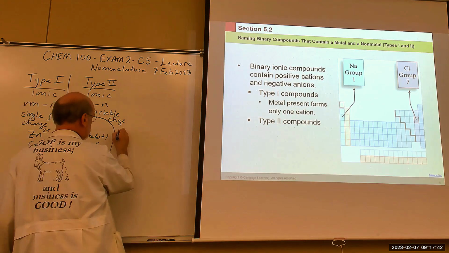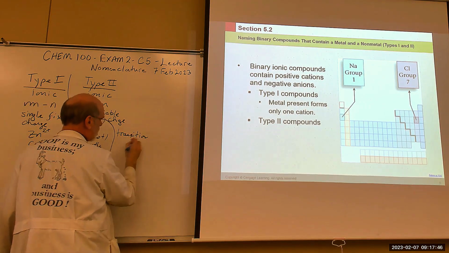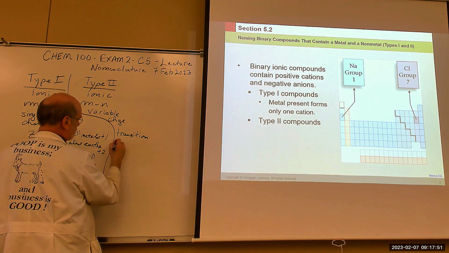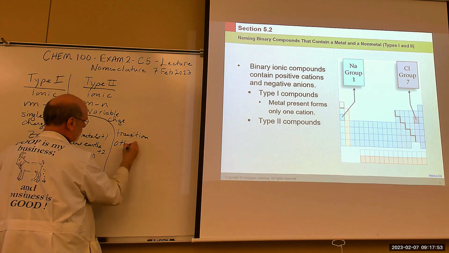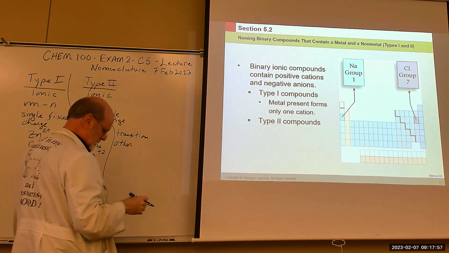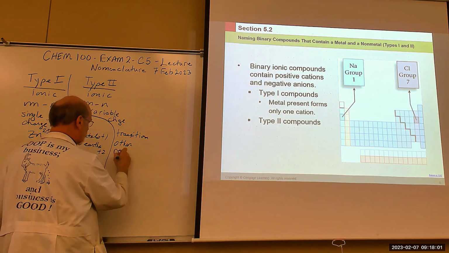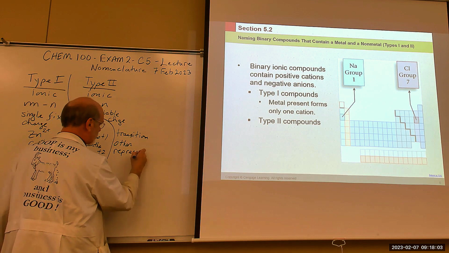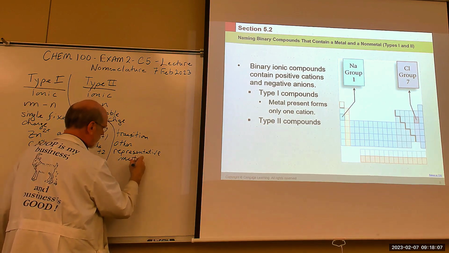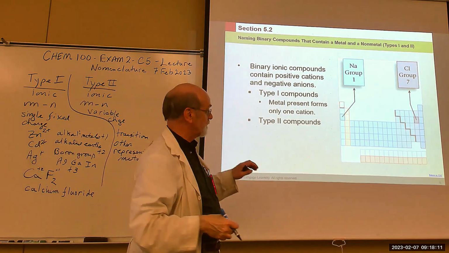So these are going to be transition metals and other, let's see, what's the term they use? Other representative metals. The representative elements, your textbook will probably identify them this way.